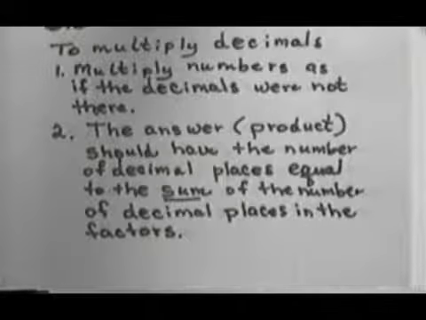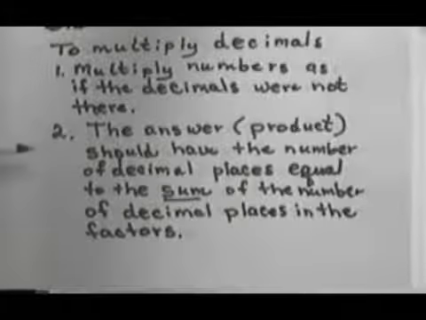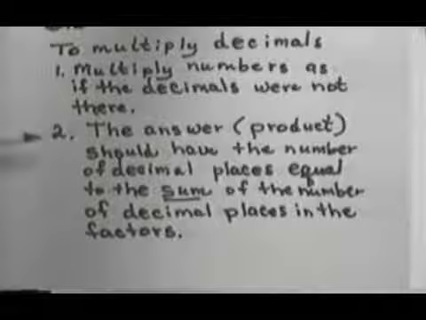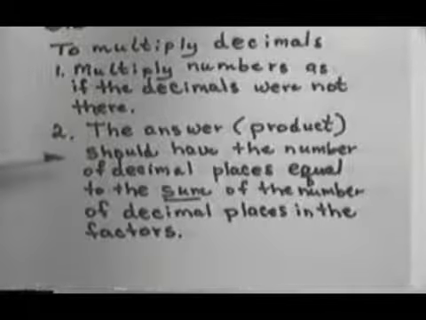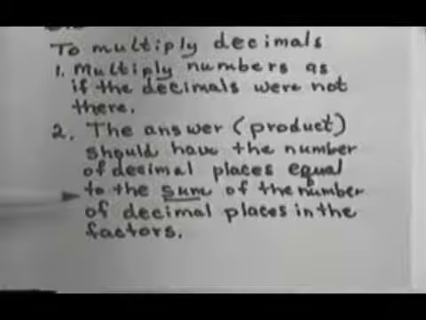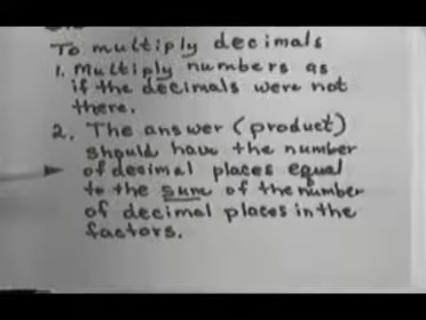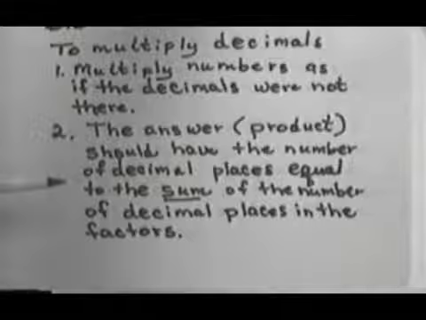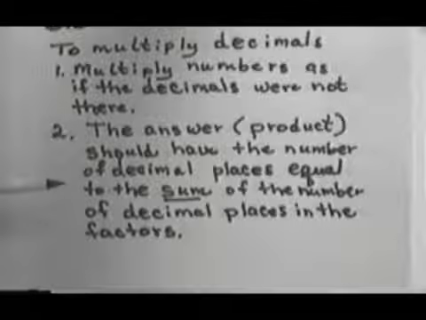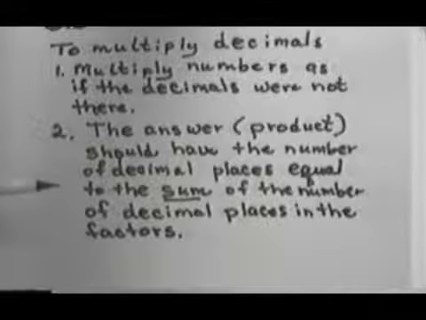Now once you get your answer, you have to decide how many decimal places it should have. The answer, which we call the product, should have a number of decimal places equal to the sum of the number of decimal places in the factors.